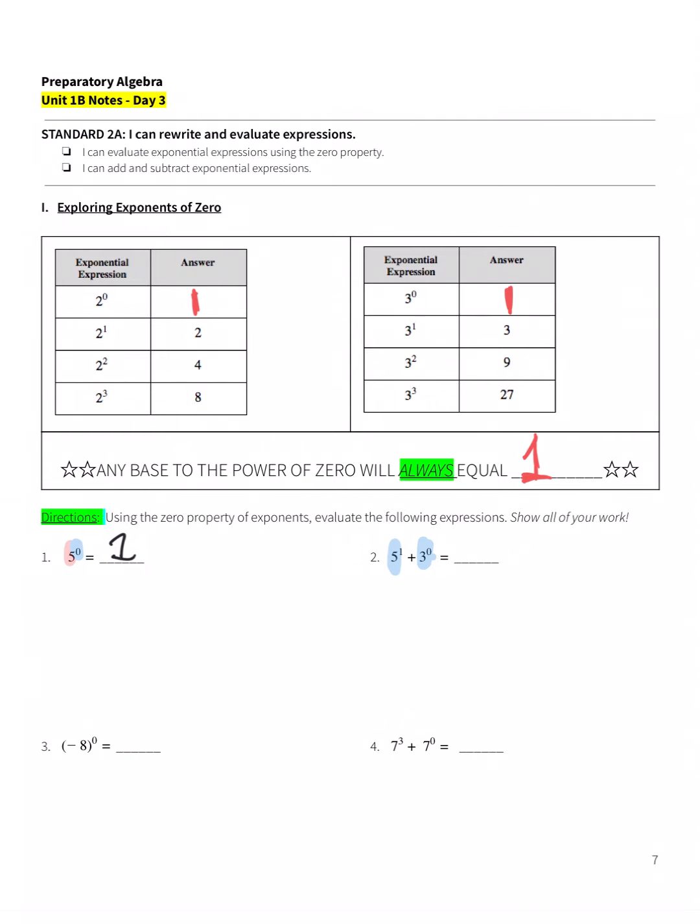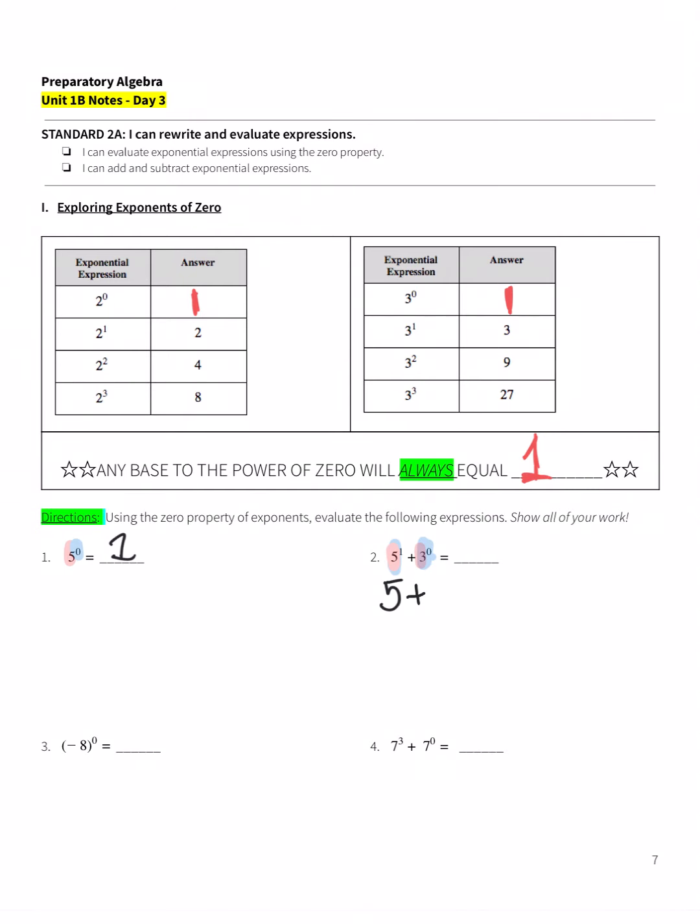Okay, so we have 5, our base is 5, and it's to the first power, so we know the answer for that would be 5. And then we have 3 to the 0 power, and we know when any number is to that 0 power, the answer will be 1.